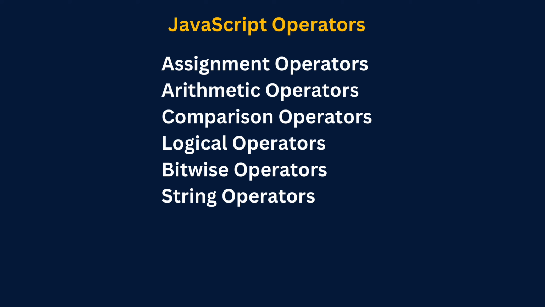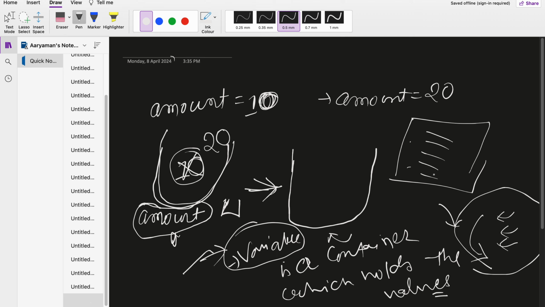Logical operators: and, or. Bitwise operators: left shift, right shift. And then there are string operators.